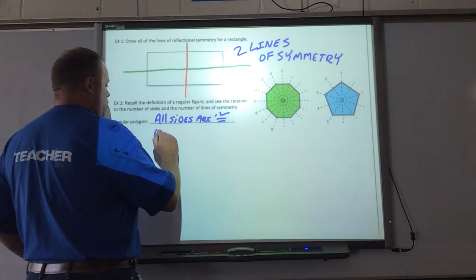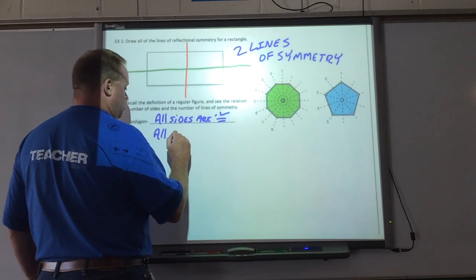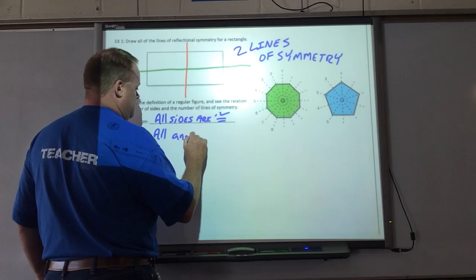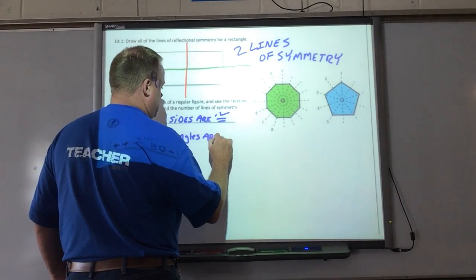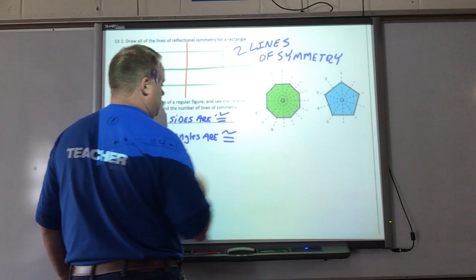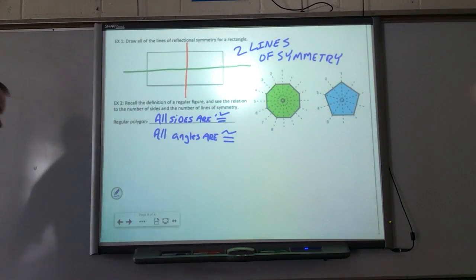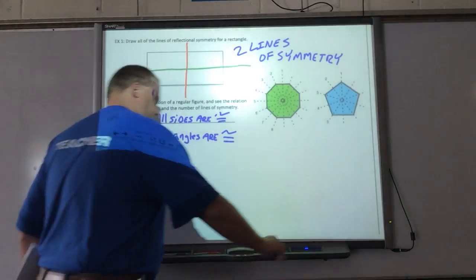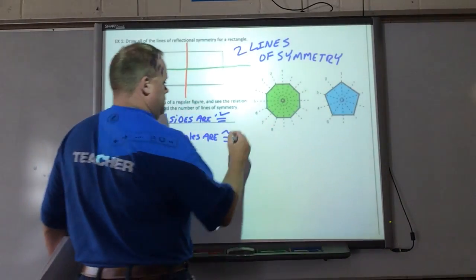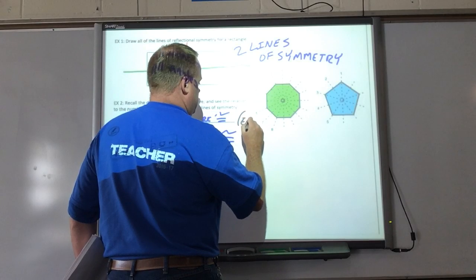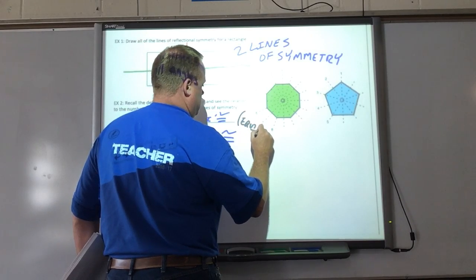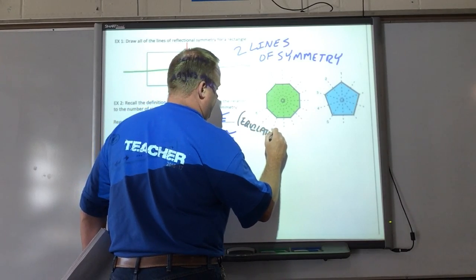And then all angles are congruent as well. And we call that equiangular. So this means equilateral and equiangular. And make sure I spell this correctly. Equilateral.